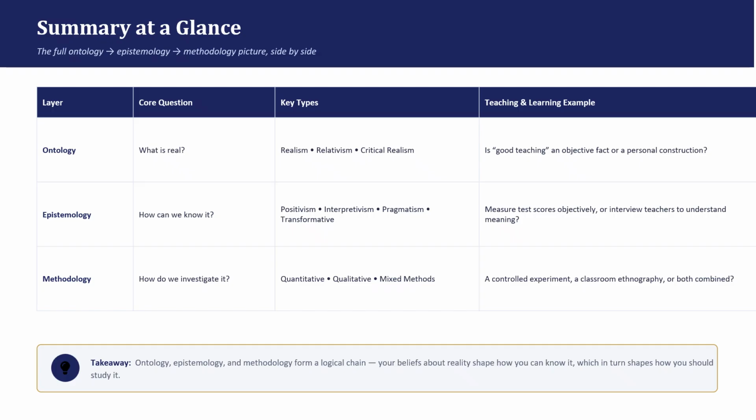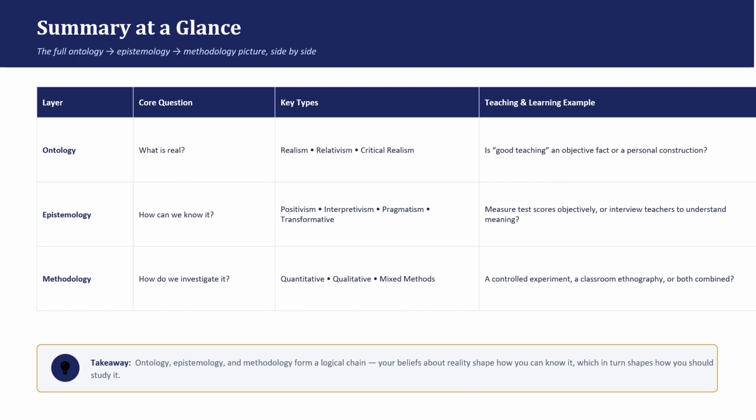Now, what are the examples given there? Under ontology: is good teaching an objective fact or a personal construction? Under epistemology: measure test scores objectively, or interview teachers to understand meaning.